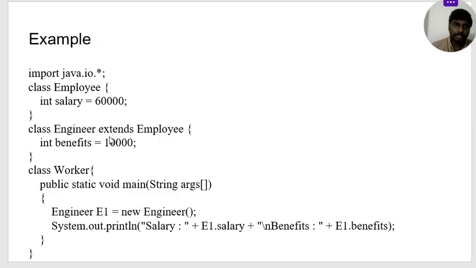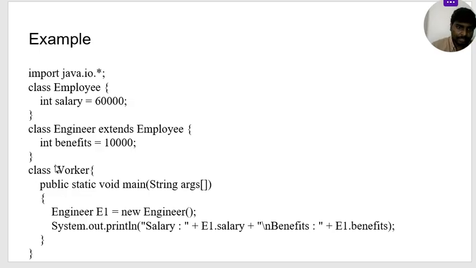Then we have declared another class, Engineer, which extends Employee. Employee is the parent class and Engineer is the child class, or we can say Employee is a superclass and Engineer is a subclass. A subclass extends the superclass. Inside this Engineer class, we have written int benefits equal to 10,000.